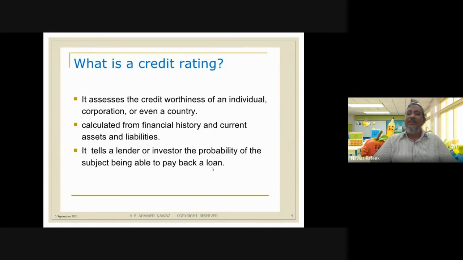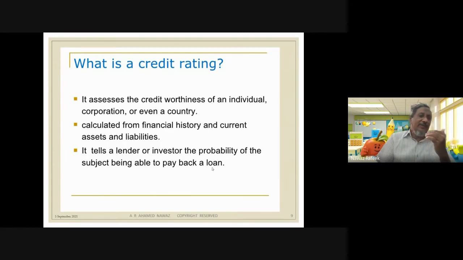Credit rating is calculated from financial history and current assets and liabilities. Credit rating normally goes through the financial statements, assets and liabilities, and the P&L statement, and a due diligence analysis is done. It is normally done after due diligence, comparing the last 5 years, looking for the trend and analyzing it.